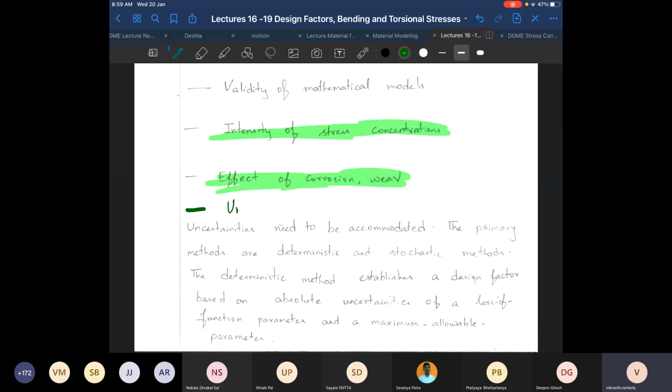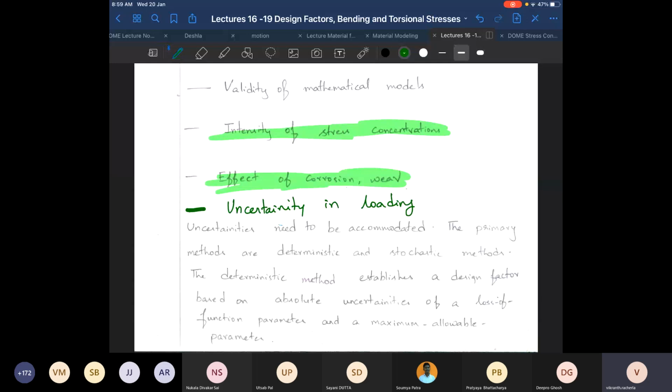Okay, so there is also uncertainty in loading. Okay, so for example, let us say that you are looking at a bridge. Okay, and there is a train which is passing over the bridge.